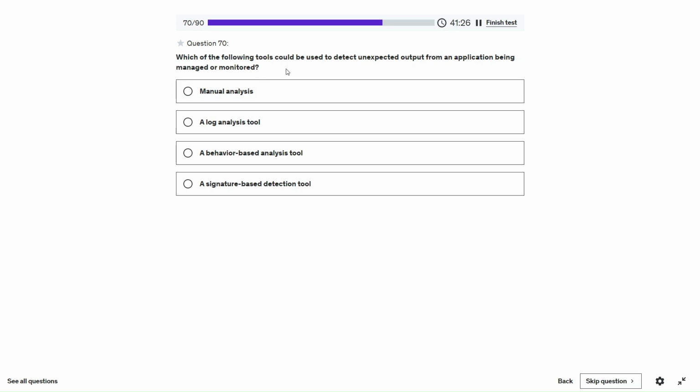Which of the following tools could be used to detect unexpected output from an application being managed or monitored? Unexpected output, detect. There could be manual analysis, no; log analysis, behavior based analysis, signature based analysis. Behavior based: you are actually detecting unexpected output, so it should be behavior, how it's behaving and why the unexpected output is coming.